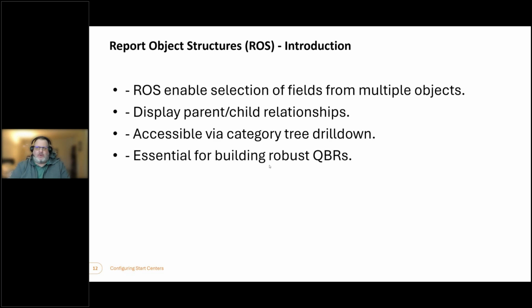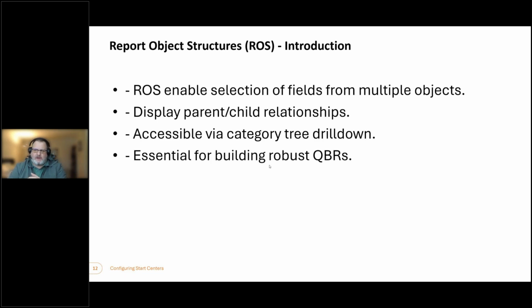But back to reporting object structures. In an object structure, I have a parent and one or more children, and I have a relationship between those. Out of the box, there's quite a few of them. When I do a sample report here in a few minutes, I'll show you out of the box for work order and where you see those.